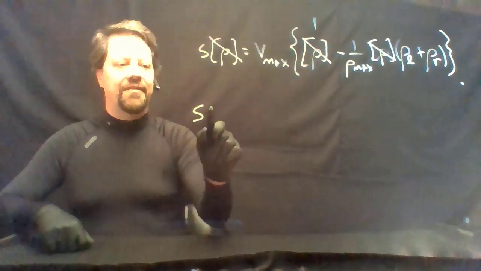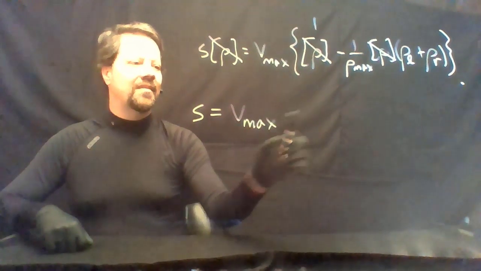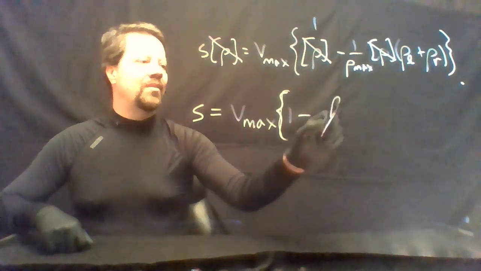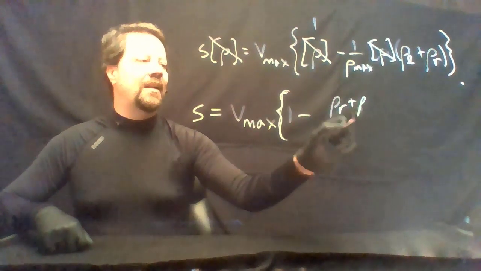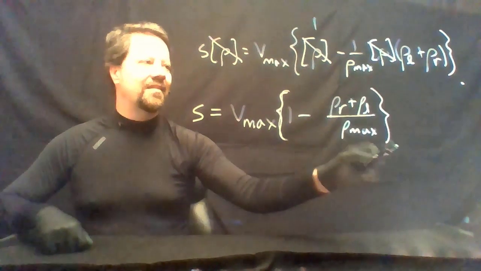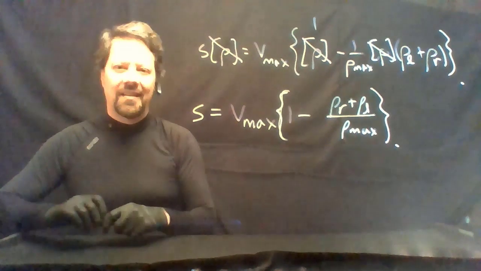The speed of this shock disturbance is V max times a quantity 1 minus rho r plus rho l divided by rho max. There is something you should notice about this.